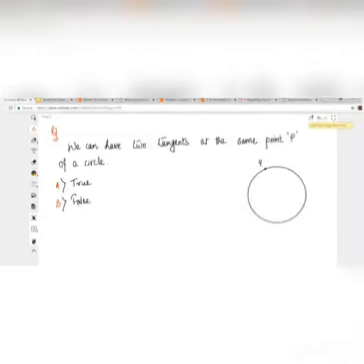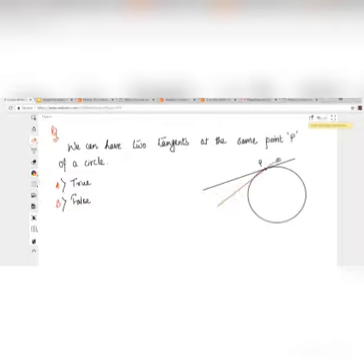Next is, now suppose I have a point P on the circle. So it's saying we can have two tangents at the same point P of a circle. Is this true or false? That means what it's saying is, say this is one tangent at this particular point P. Can I have one more tangent at the same point?